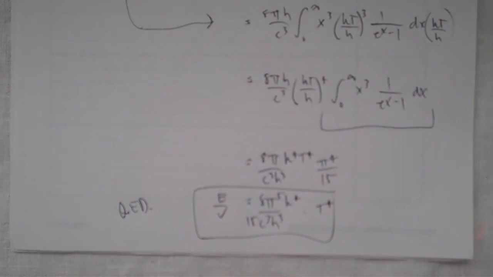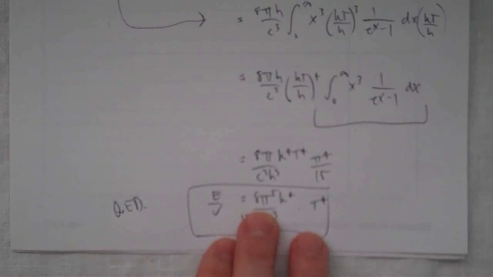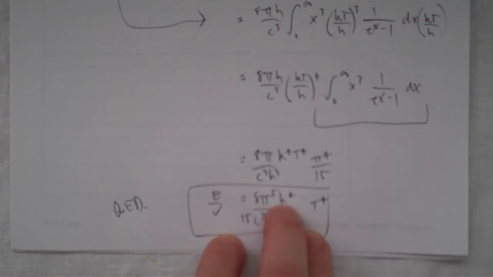I think the next part of the question is, using your results, calculate the energy density radiated by a black body at 1100 and 6000 K. And, you know, I think I don't have the energy to do that right now. I'm going to leave that off this video. You see what I'm going to do. 8, pi is a constant, k is Boltzmann's constant, 15 is a constant, c is the speed of light, and h is Planck's constant, which is 6.626 times 10 to the negative 34.